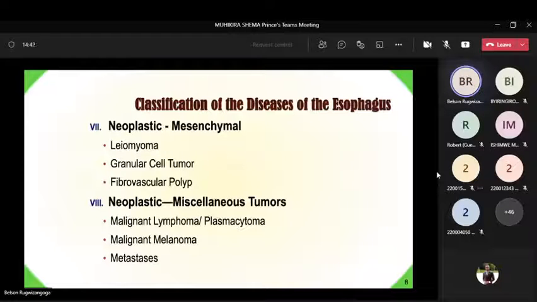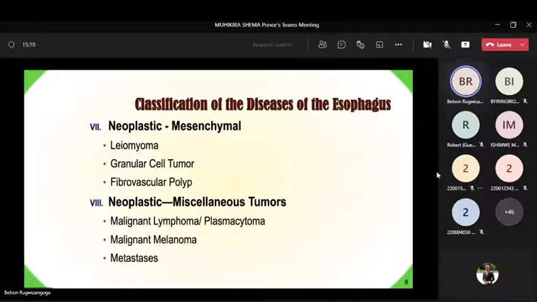So the neoplastic diseases which are from mesenchymal tissues, meaning non-epithelial, we have leiomyoma, smooth muscle tumor, benign, granular cell tumor, fibrovascular polyp, and the other tumors are lymphoma, plasmacytoma, meaning from plasma cells, and we have malignant melanoma, and metastasis from the other organs.